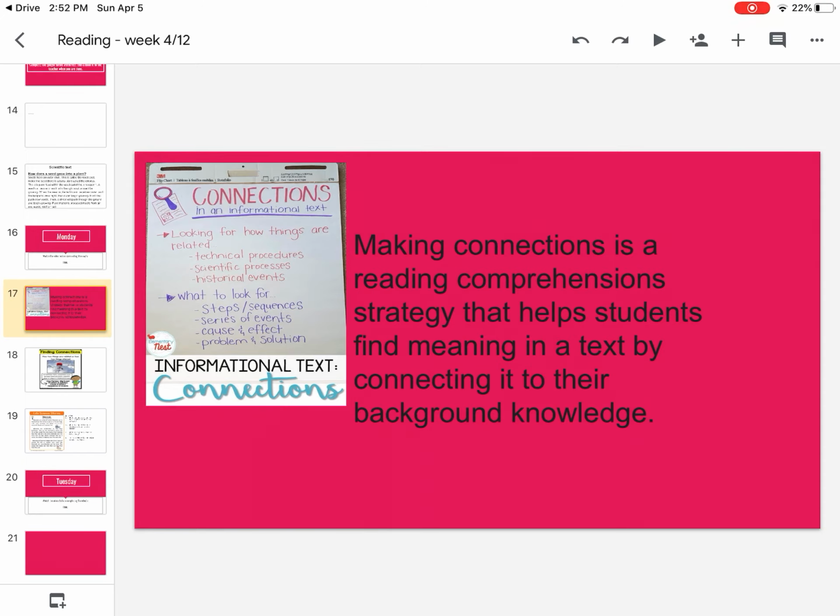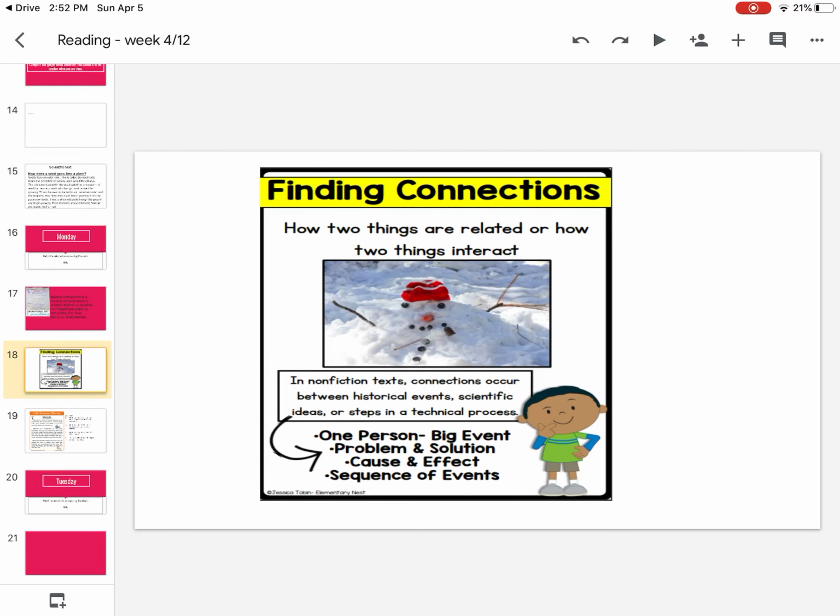So, making connections is a reading comprehension strategy that helps children find meaning in a text by connecting it to their background knowledge. Now we will go to the next slide. So, the next slide says finding connections: how two things are related or how two things interact.